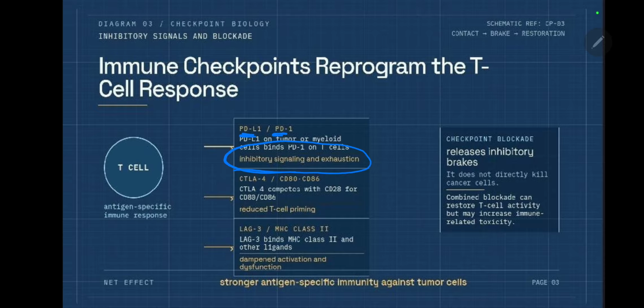When we use CTLA4, we change the priming complex and that increases T cell priming. And one is LAG3, which also acts through MHC class II. So if we use a LAG3 inhibitor, MHC class II works very well, and this also reprograms the tumor cell. That is how all these things happen with the drugs.